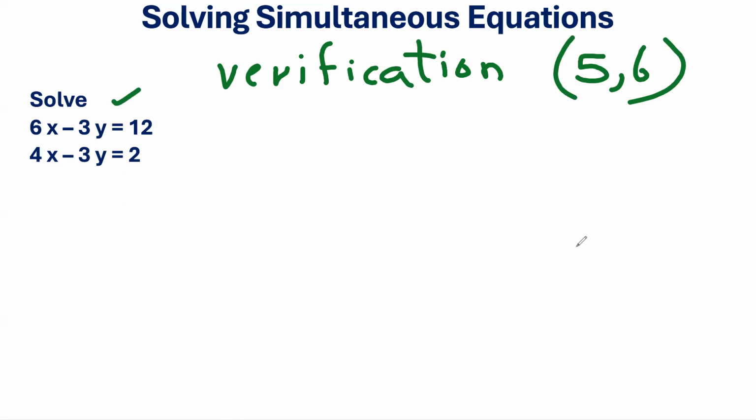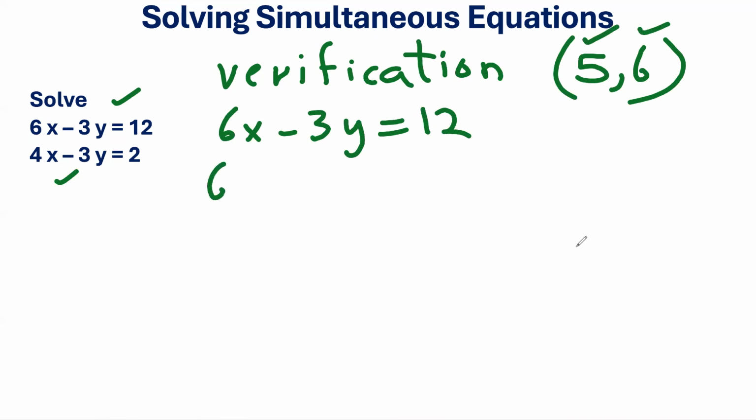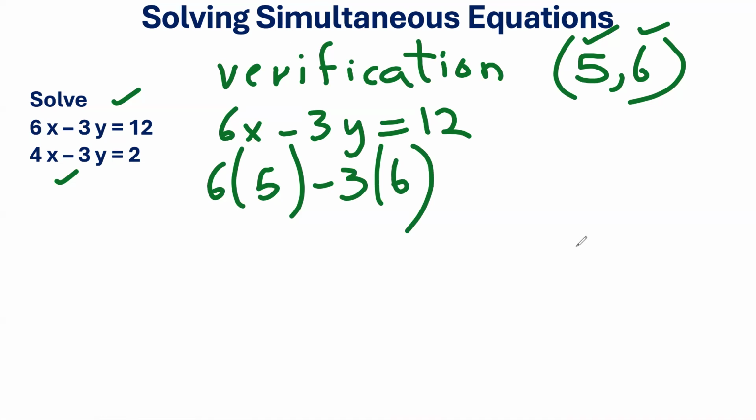Take any one equation, equation 1 or equation 2. I'm taking equation number 1. 6x minus 3y equals 12. You have to substitute x as 5 and y as 6. 6 fives are 30 and 3 sixes are 18. 30 minus 18 is 12.